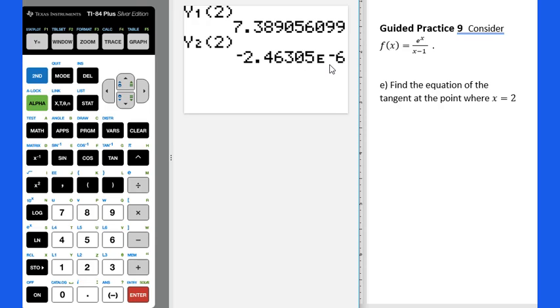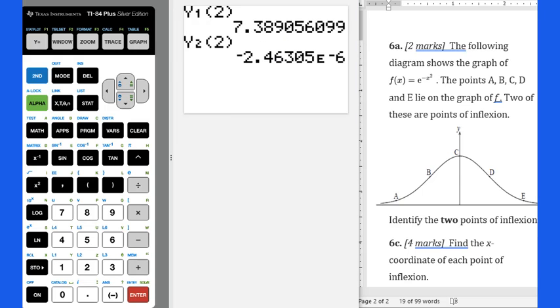When you see this, that means the slope equals 0. That means x equals 2 is a minimum or maximum. We already know that this is a minimum point. Therefore, the equation will be y equals 7.39.